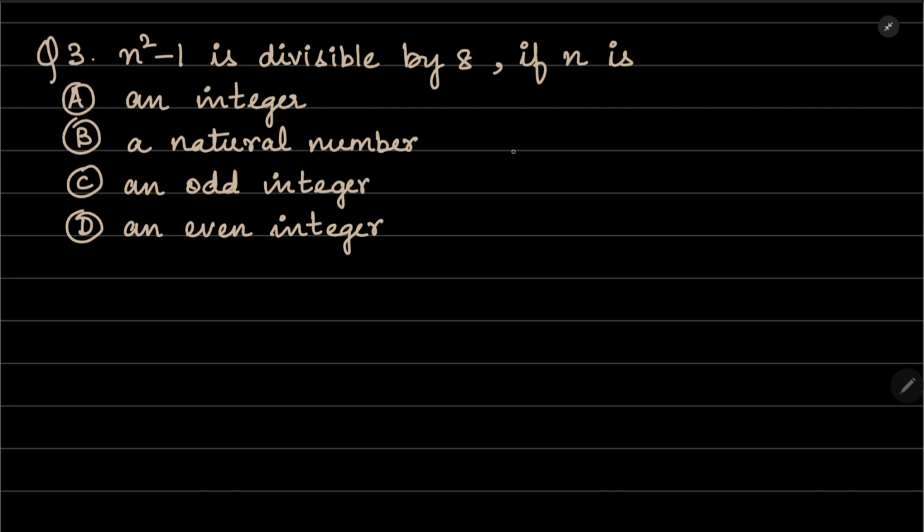When n is equal to 1, what is n square minus 1? 1 square minus 1, which is 0. For n equal to 2, it is 2 square minus 1, 4 minus 1, which is 3.